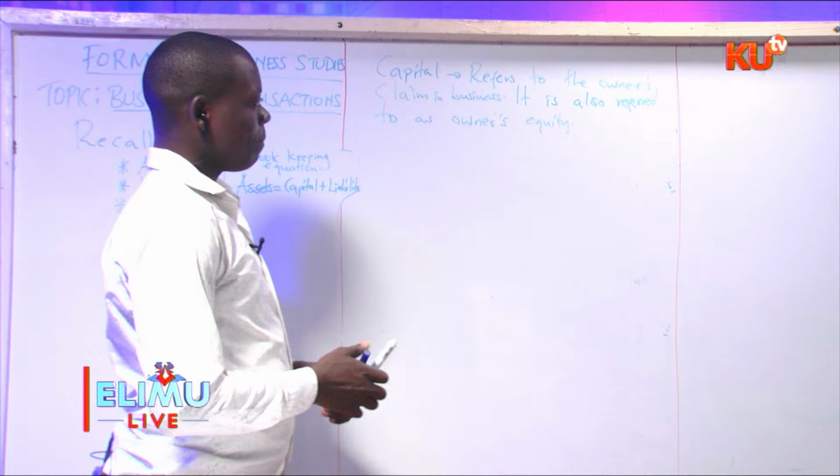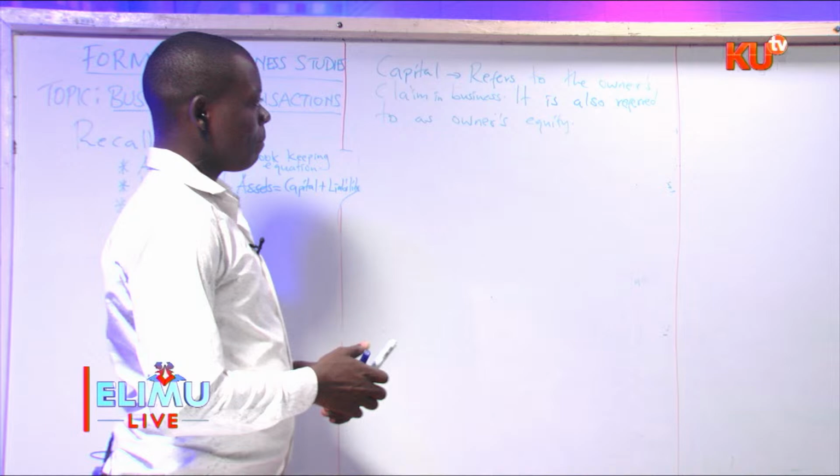So this is the business for Kimuna, and the records given show capital on 1st of January 2015, which was 300,000, additional investments of 50,000, profits of 70,000, drawings of 10,000, and debtors of 17,000. And you are told to determine the capital as at 31st December 2015. So what do we do, students?